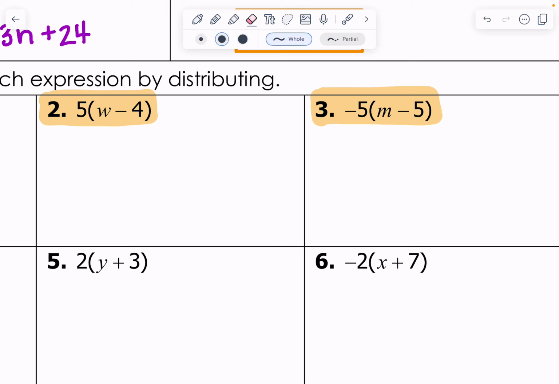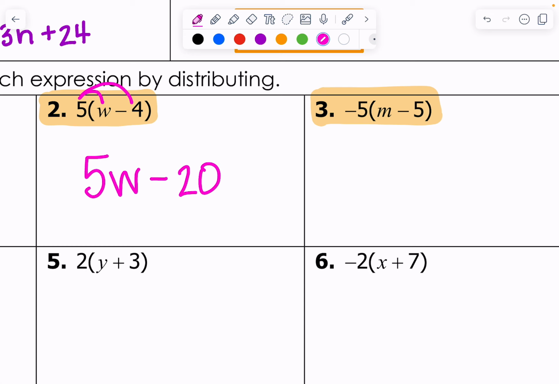Okay, if we do the distributive property in number 2, we get 5 times w and 5 times -4, so we get -20. Is this what you have?